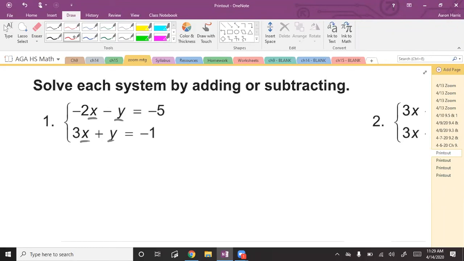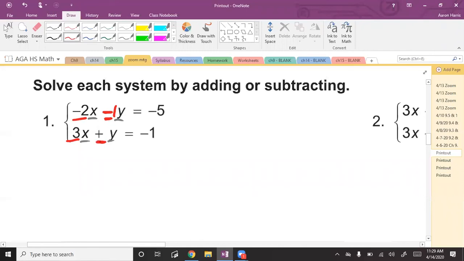Okay. So let's have a conversation here. I have a -2 for the coefficient of x and a positive 3. What is the coefficient of the top y? -1. What's the coefficient of the bottom one?